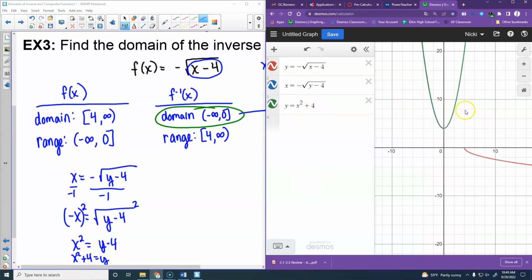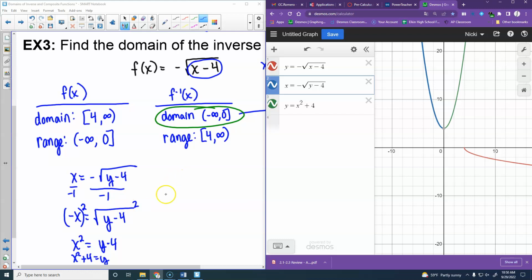If I look at this graph versus that blue graph right there, it's not the whole graph, right? So whenever you're doing inverses of these, you technically need to restrict your domain on your answer.